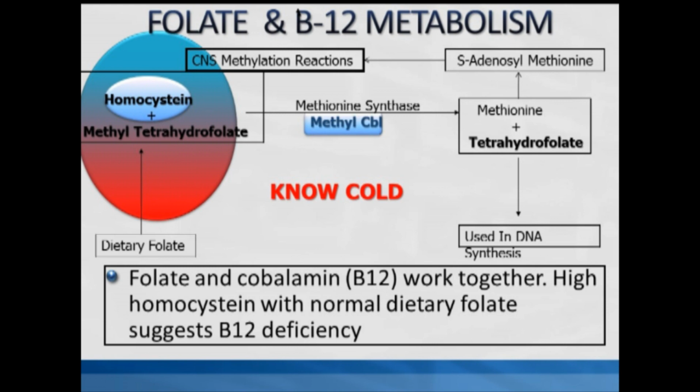This methylcobalamin then orchestrates the demethylation, if you will, or the activation of methyl tetrahydrofolate to tetrahydrofolate, which is the active form of folate, and as you can see with the arrow going down, used in DNA synthesis, which facilitates mitotic divisions.